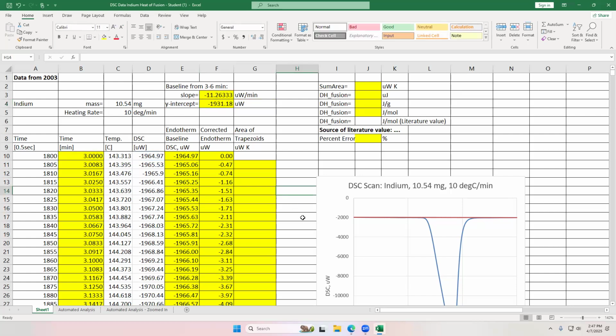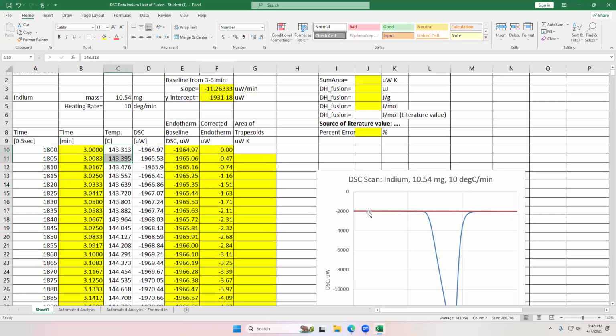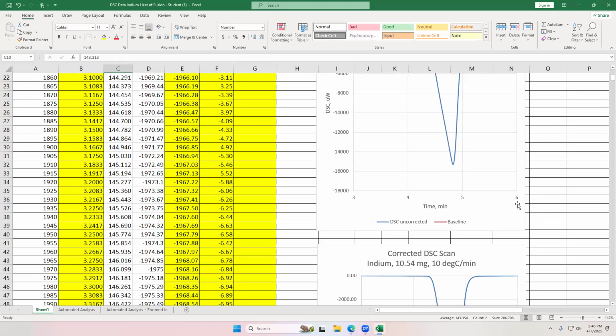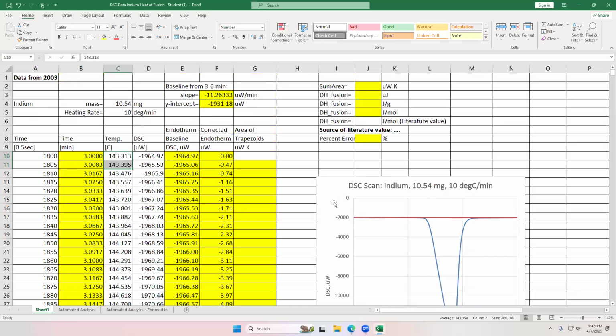So now let's calculate the area of the trapezoids in microwatts Kelvin. We're going to use delta T instead. Remember, our time and temperature are proportional anyway, so let's just do it in microwatts Kelvin.